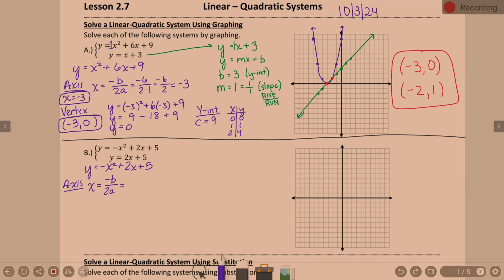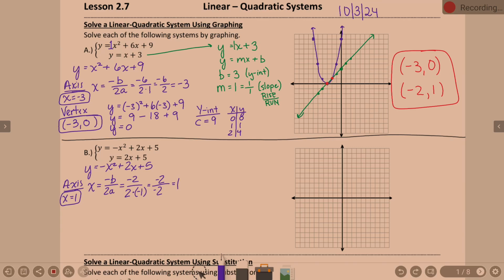Negative of b. Well, what's b? 2. So that's going to be -2 over 2 times, what's a? -1 in front of the x squared. So -2 over, what's 2 times -1? -2. -2 over -2 is 1. I have an axis of symmetry, x equals 1.